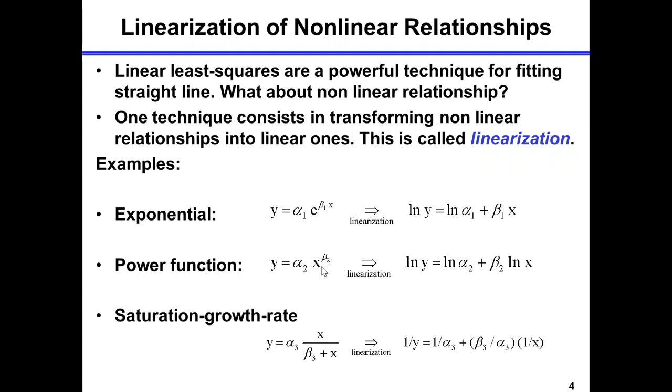The next example is the equation of the saturation growth rate. If we have something like this, you can see that we have x in the numerator and beta 3 plus x in the denominator. This one was simpler. For the linearization, we just say let's take 1 over y, so we move these terms to the denominator on the other side, like we changed the sides.